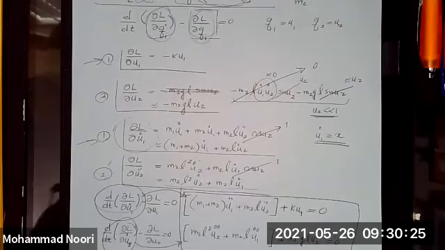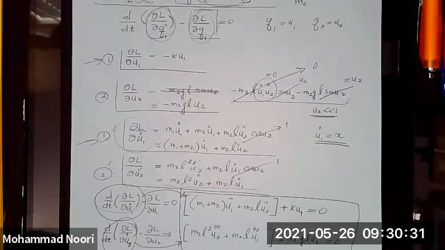Meaning there is no damping in the system. So in other words, you can assume that there's no energy dissipation in the system. Therefore, you can apply the concept of the conservation of energy. Okay. All right.